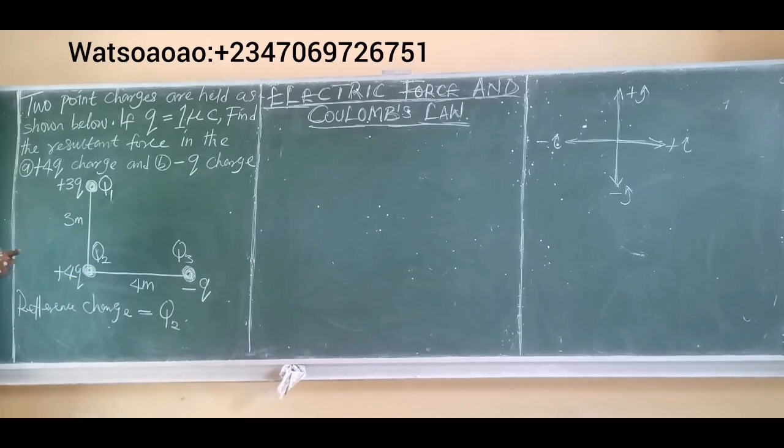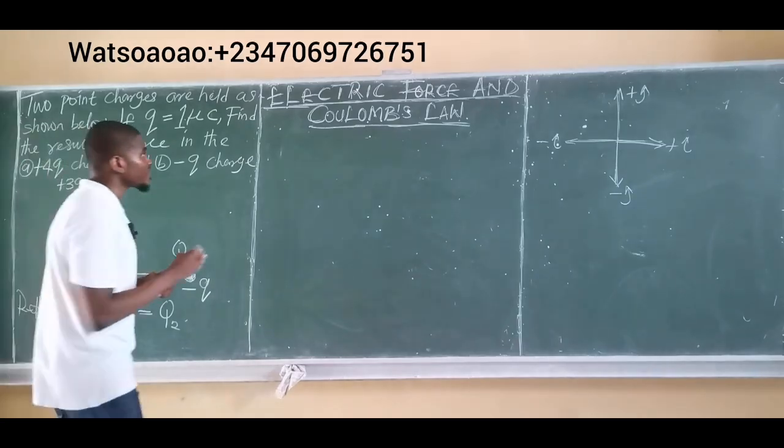Now we want to find first the force between the plus 4Q charge and plus 3Q charge, and that between plus 4Q charge and the negative Q charge. We call the negative Q charge Q3, and we call the plus 3Q charge Q1.